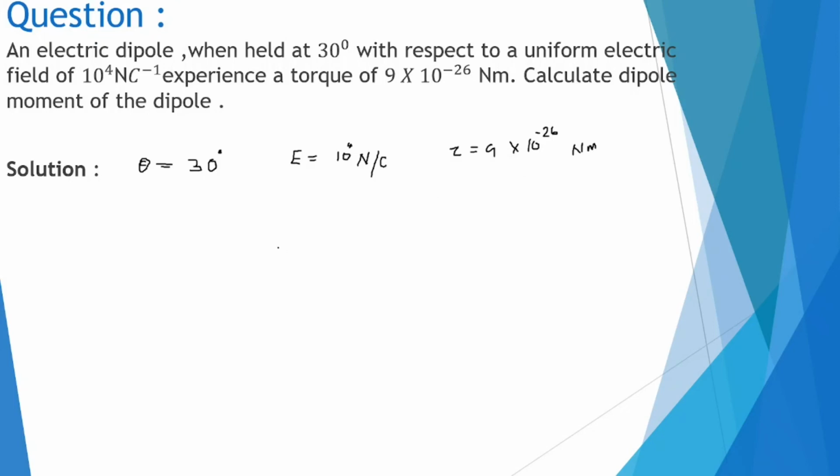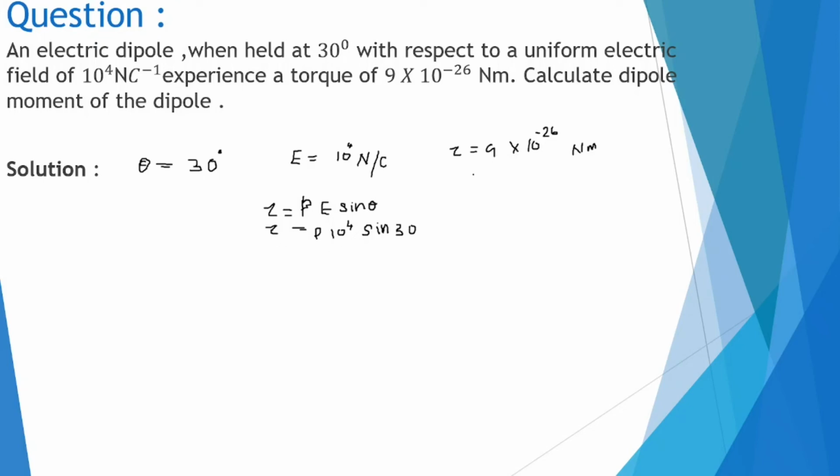We know the equation for torque: tau is equal to PE sin theta. So torque is equal to P into E, which is 10 raised to 4, into sin 30. What is sin 30? Sin 30 is 1 by 2.